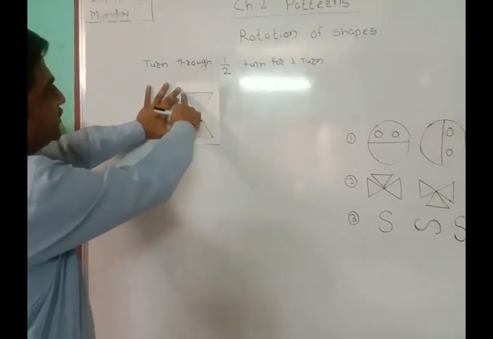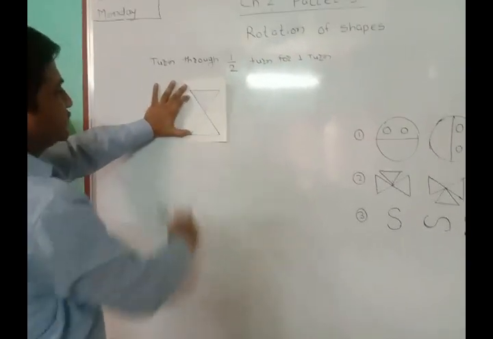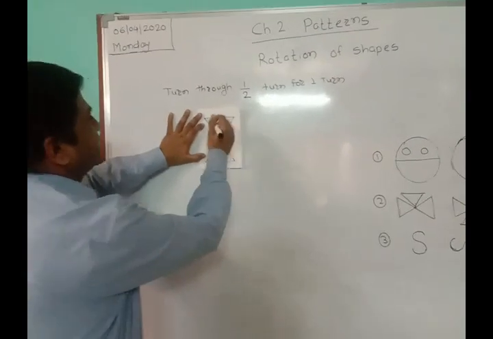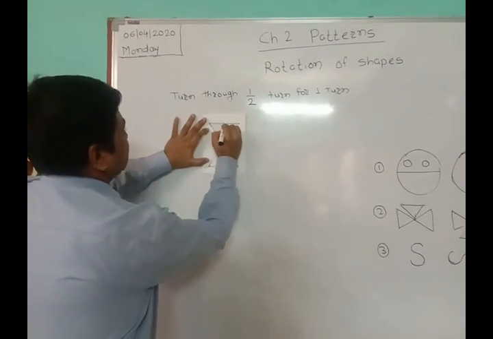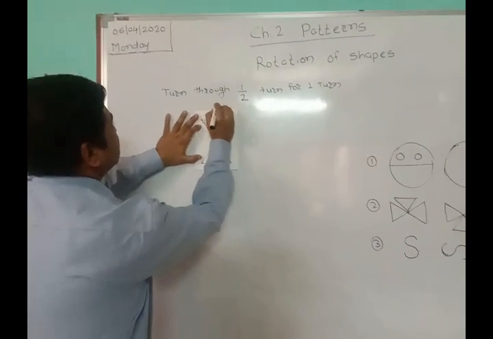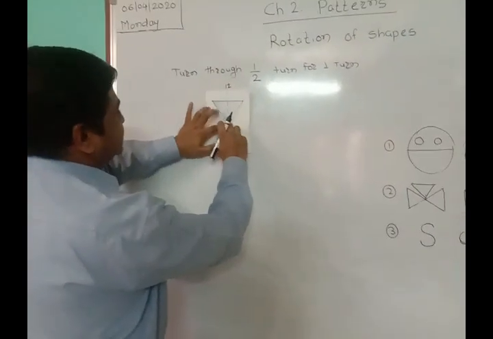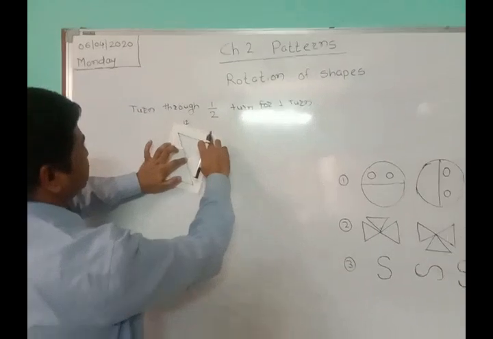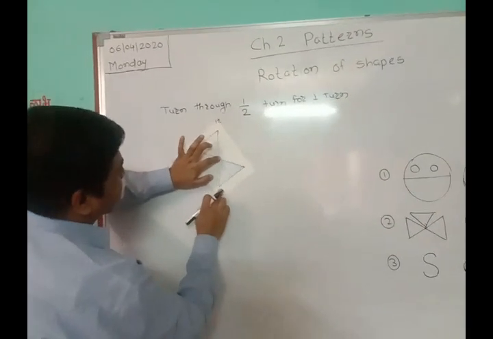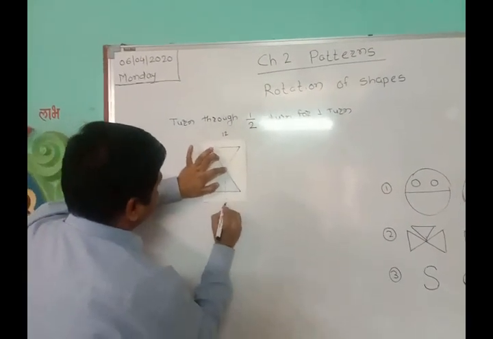So initially you can see the shaded portion of the figure is on the top. We will take a reference line over here which is at 12 o'clock. Now we are moving from 12 to 6. So with the center of this figure, I am turning it from 12 towards 6.